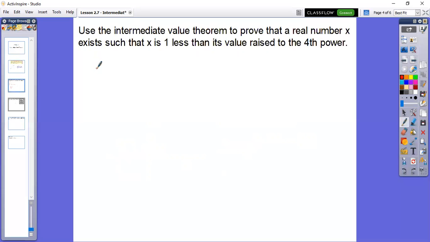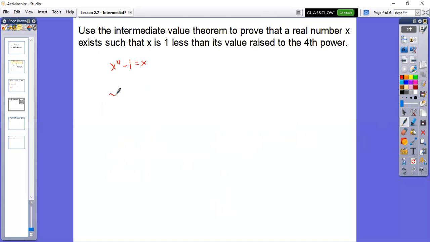So basically what this is saying here is, let's do this. I want to prove that there's some number x such that x to the 4th minus 1 is equal to x.